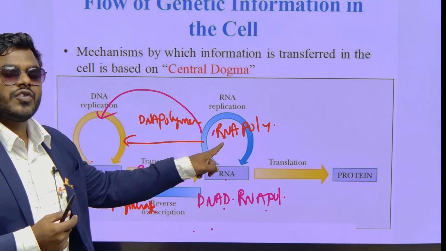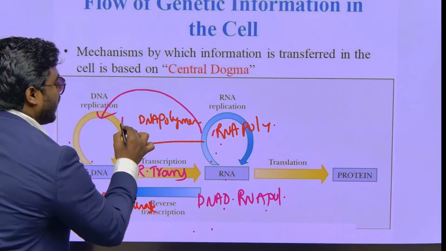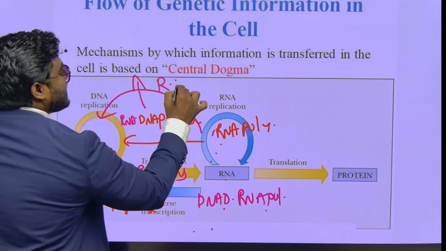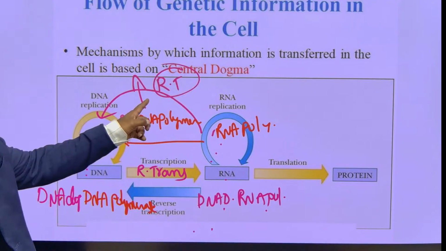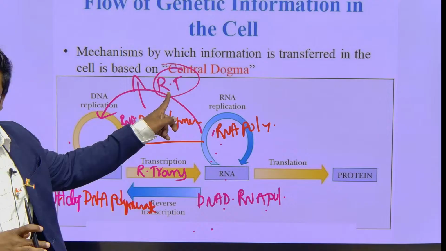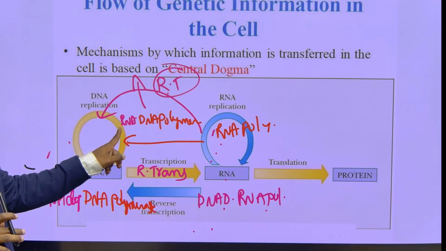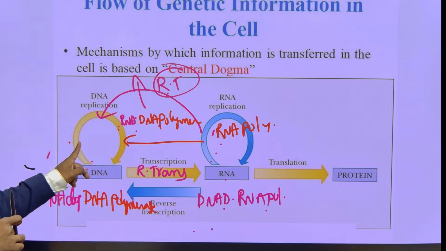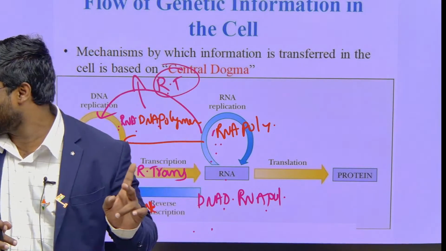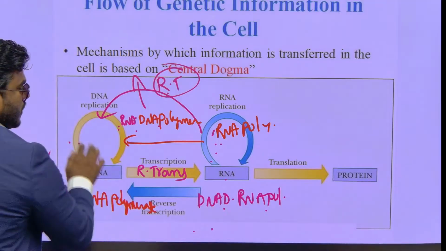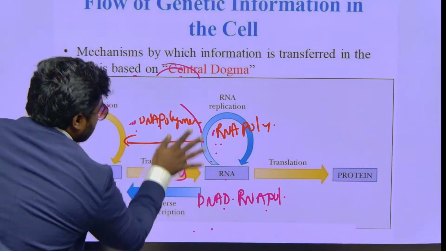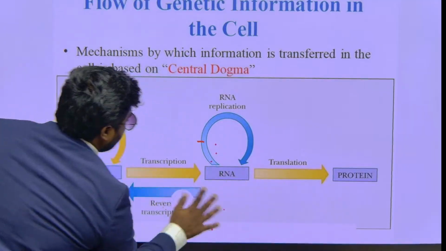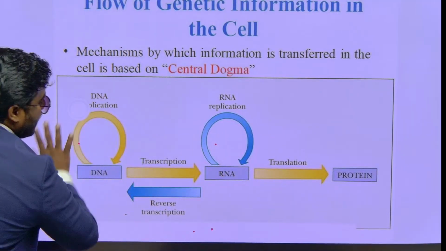But I am getting information from RNA, so it is called RNA dependent DNA polymerase, also called reverse transcriptase. So instead of just remembering reverse transcriptase, remember this term: RNA dependent DNA polymerase, which synthesizes DNA from RNA. Don't get confused. So: DNA polymerase, RNA polymerase, DNA dependent DNA polymerase, DNA dependent RNA polymerase, RNA dependent DNA polymerase.